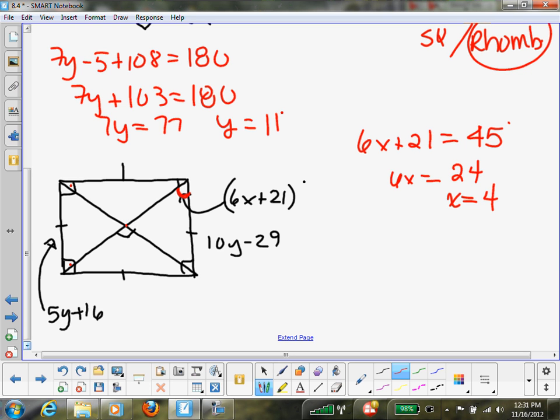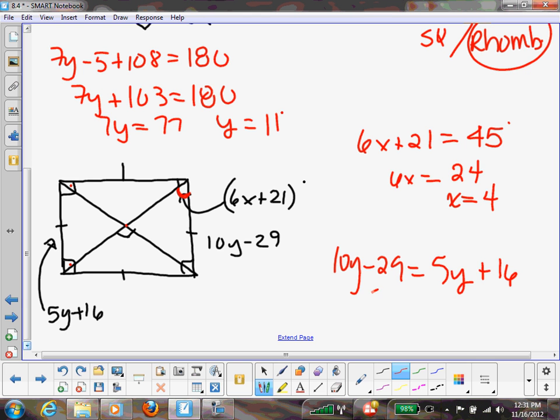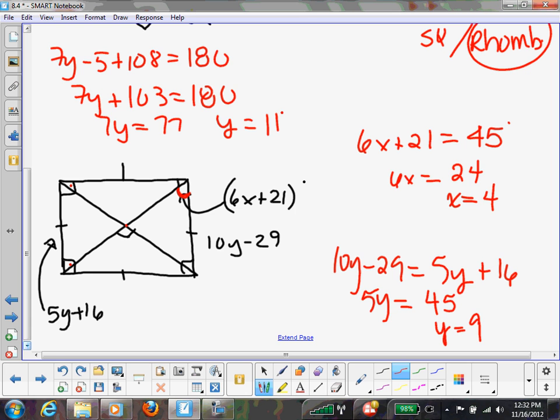You just set the lengths equal to each other. 10y minus 29 is equal to 5y plus 16. 5y is going to equal... So y is equal to... Okay. All right. You may go.